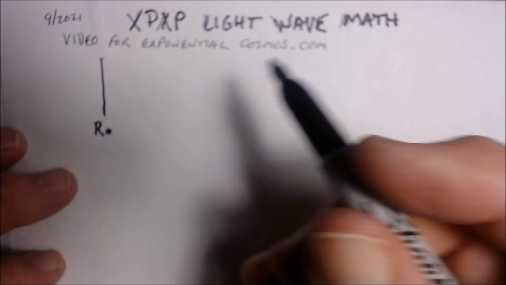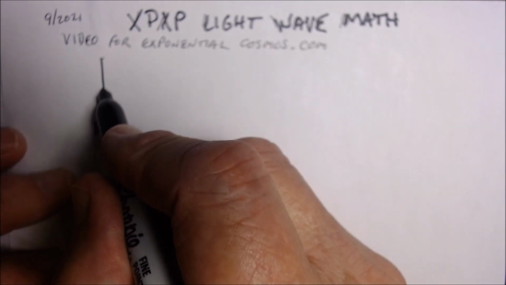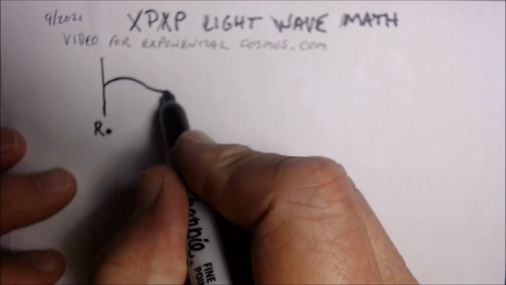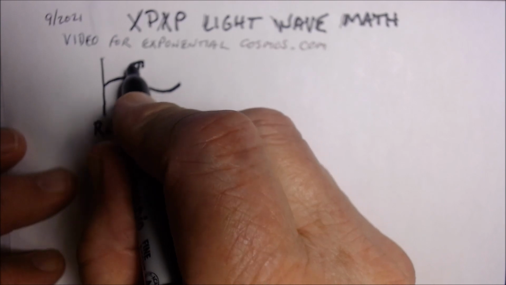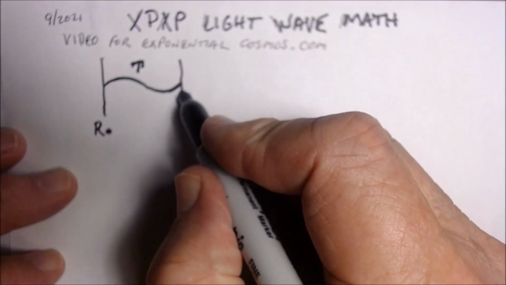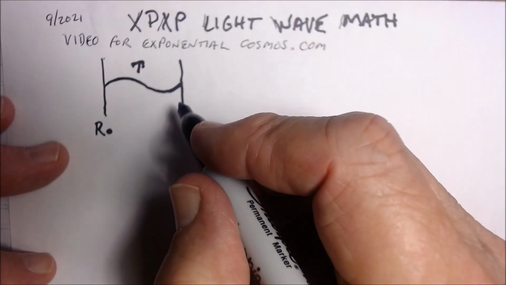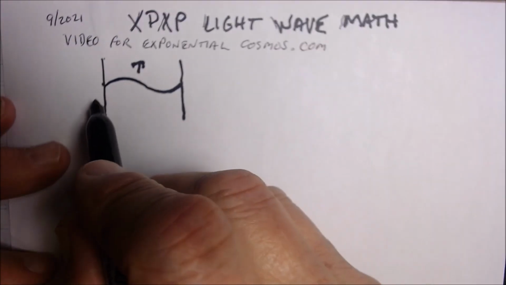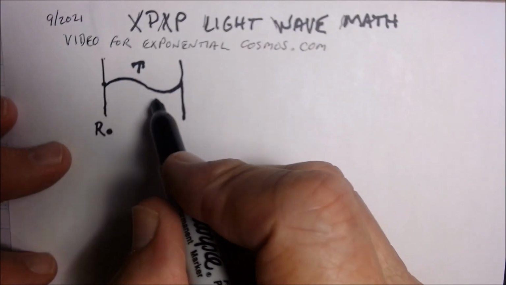Now, how do we define a light wave coming from a source at R0? Well, we could say one wave goes from here to here in a certain period, t. We could call it a tau, but that period is the time it takes to go from the initial position to one cycle later.